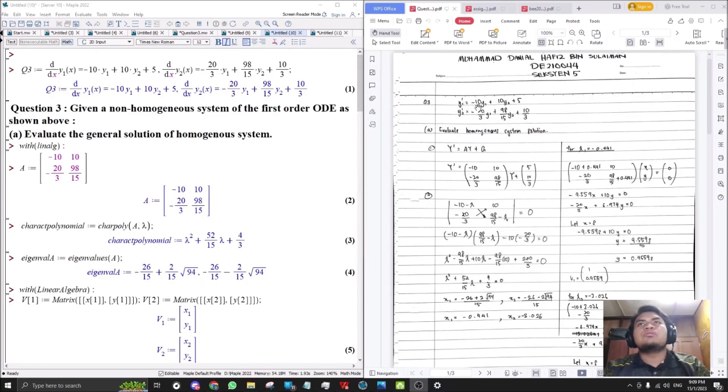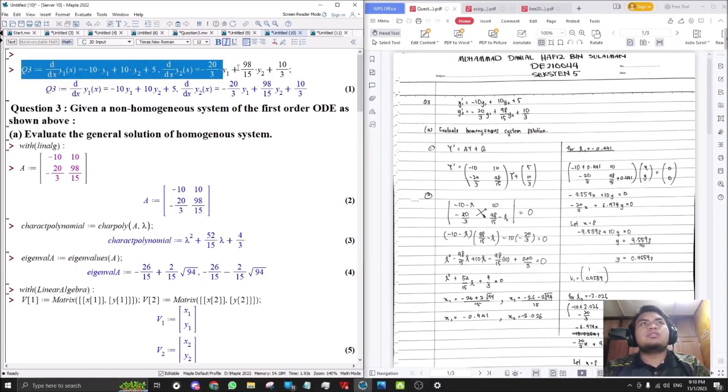So for the manual calculation, I will write down the question, which is y1 prime equal to negative 10y1 plus 10y2 plus 5, y2 prime equal to negative 20 over 3 y1 plus 98 over 15 y2 plus 10 over 3. Just the same with the simulation, I just write down the question in here.